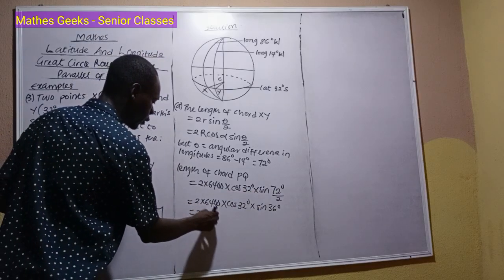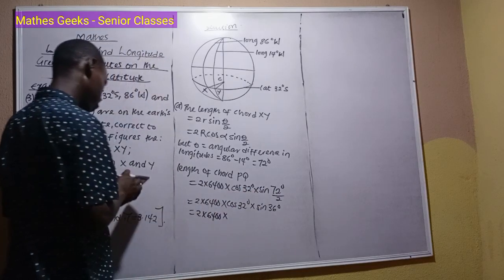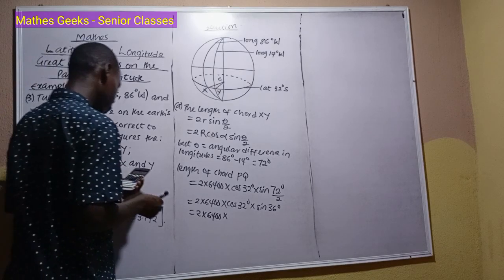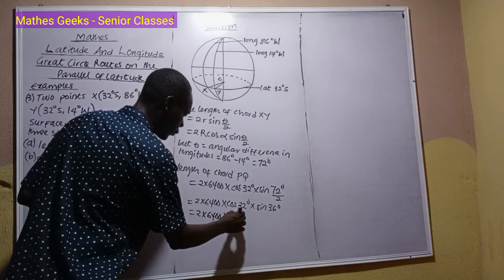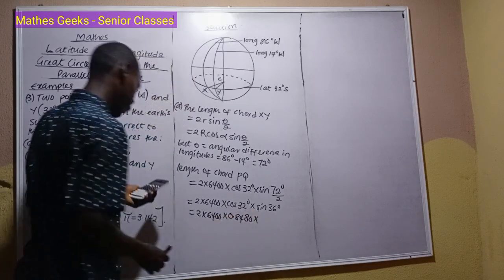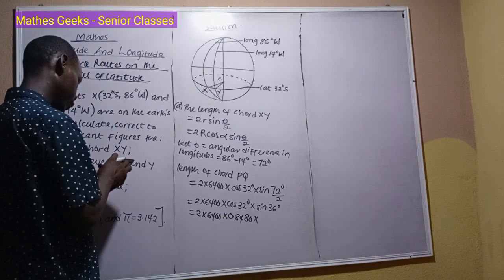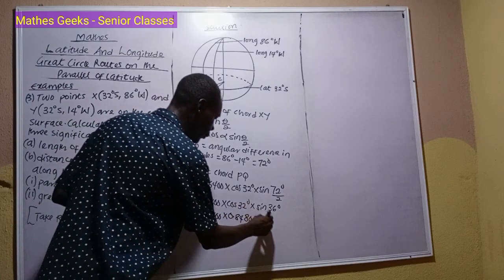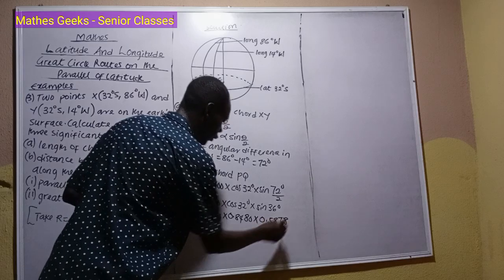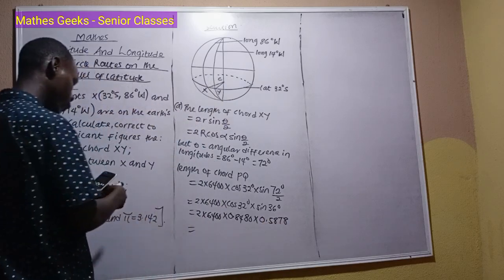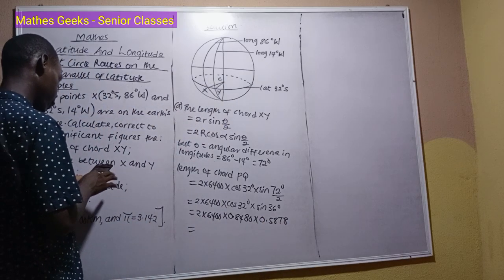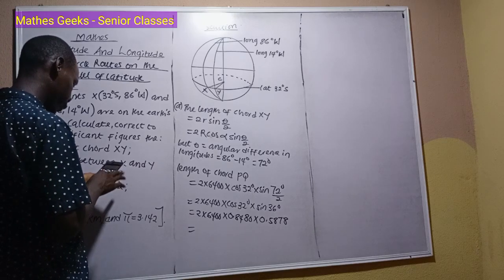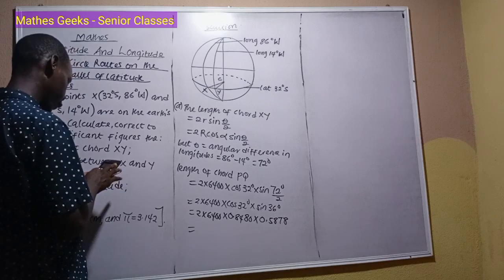And 2 times 6,400 times cos 32, 0.8480, times sine 36, 0.5878.